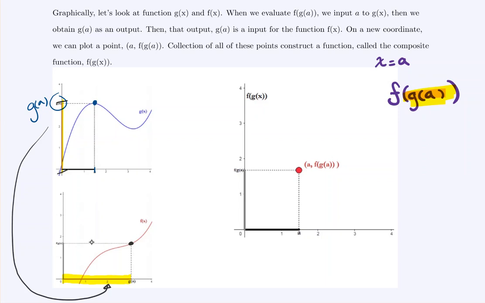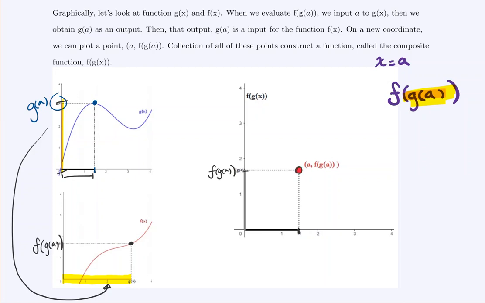And that's why this output value is called f of g of a, because we had the input g of a and its corresponding output in the function f. And the way you would graph this on the composite function is you would go over the original input, which was a, and the resulting output through this process was f of g of a.